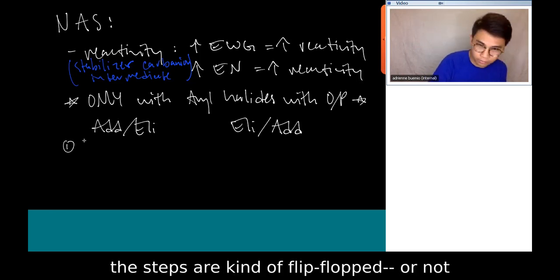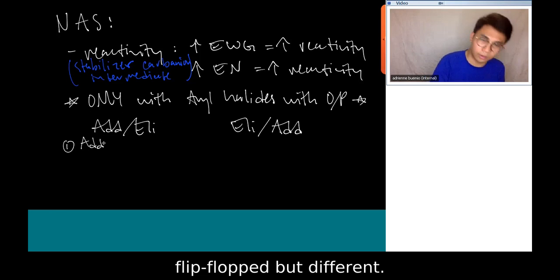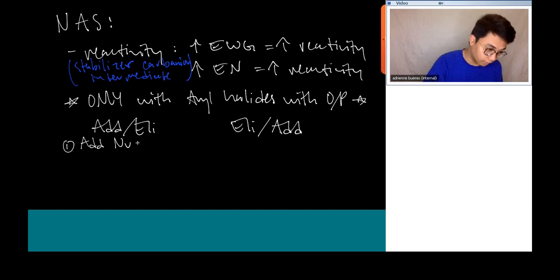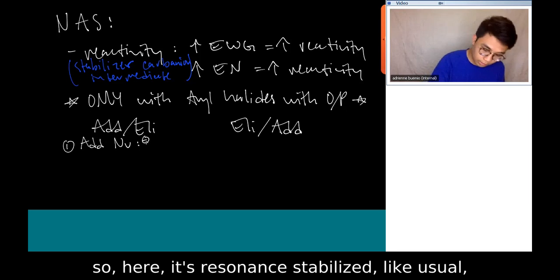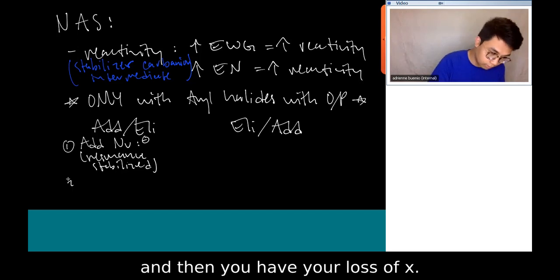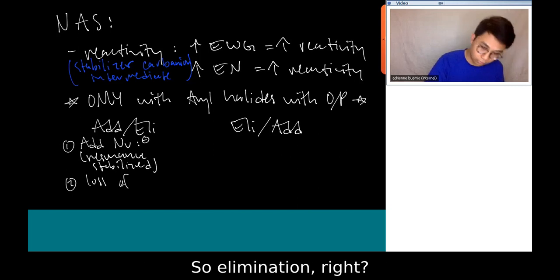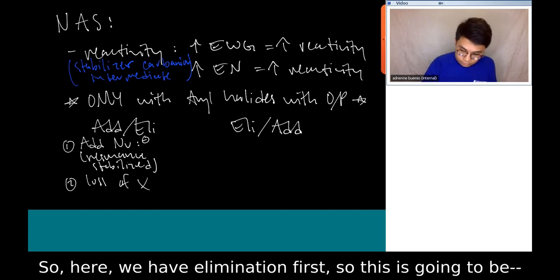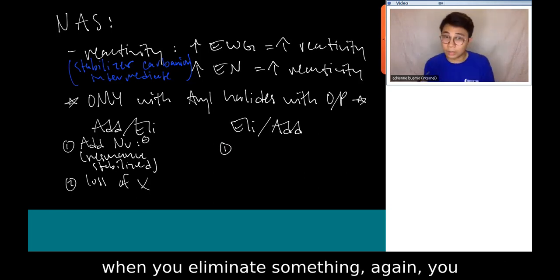So with addition elimination, the steps are kind of different. So addition of nucleophile, right? So here it's resonance stabilized, like usual. And then you have your loss of X. So elimination, right? We add the nucleophile, lose the X. So here we have elimination first. When you eliminate something, again, you make a pi bond, right?